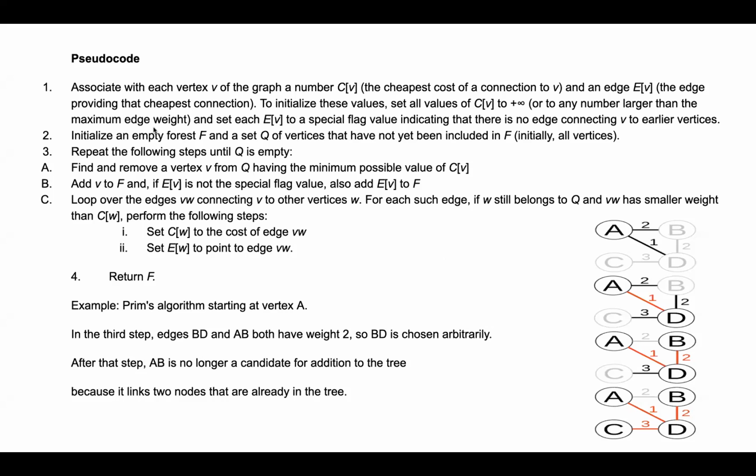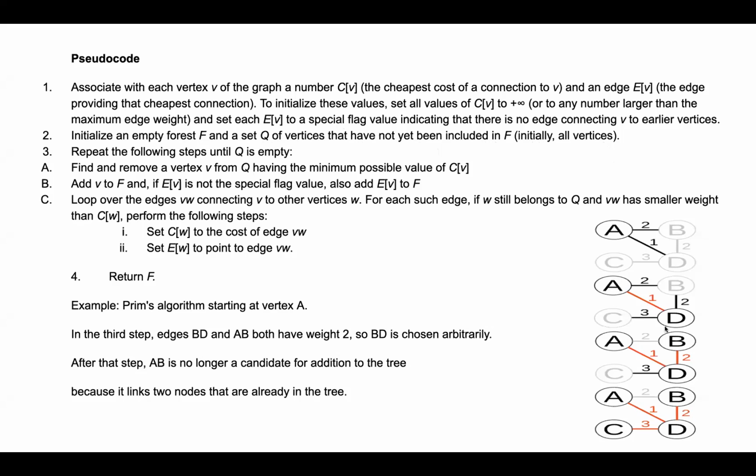Then here we have initialized an empty forest F and set a queue of vertices that have not yet been included in F, initially all vertices. Here A to D, A and D are dark and 1 is there.